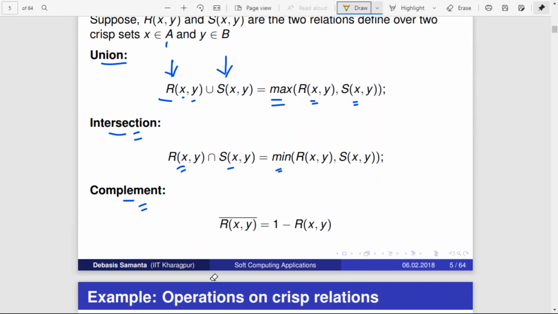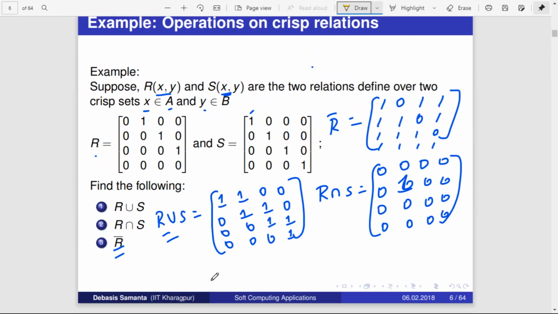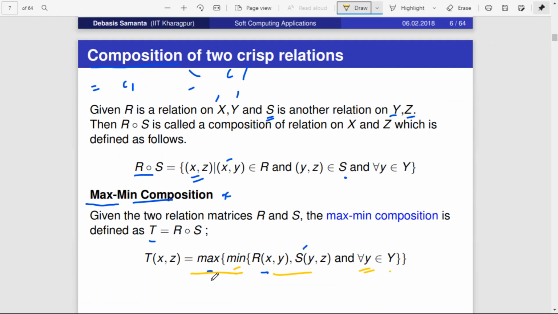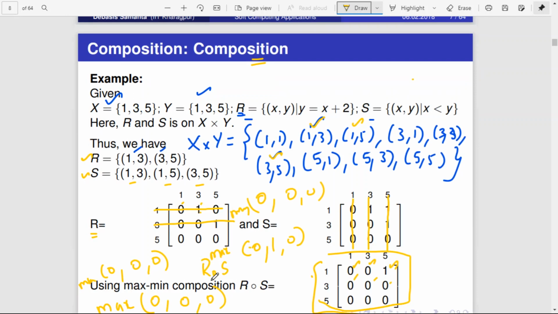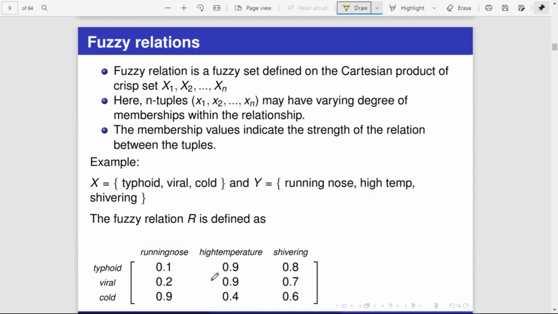And then how to calculate the union, intersection and complement of a relation, and then how to find the composition of two relations. All these things we have discussed in the context of crisp sets. Now we'll be discussing all these things in the context of fuzzy sets.